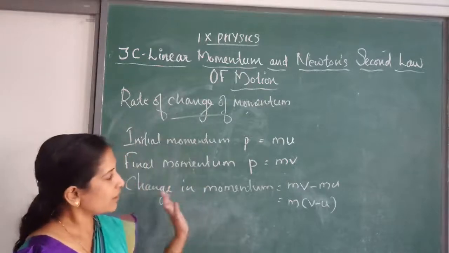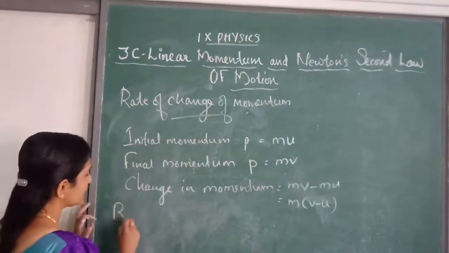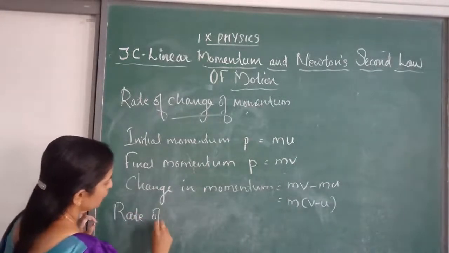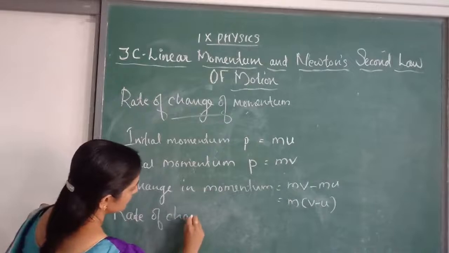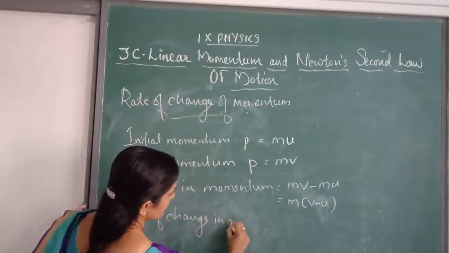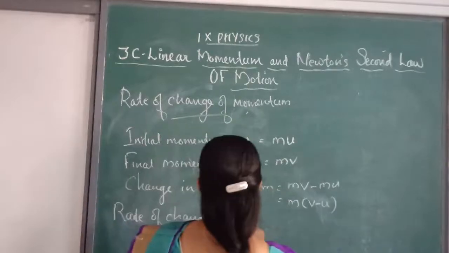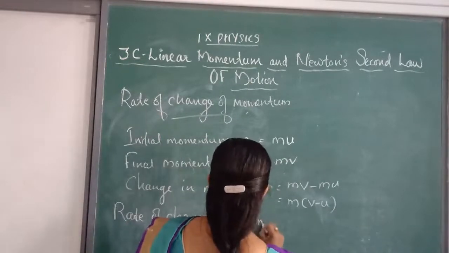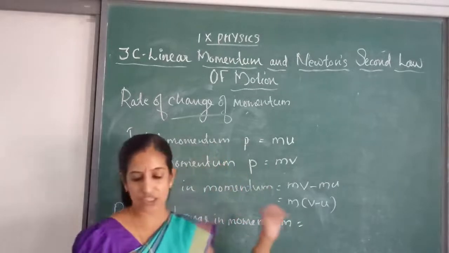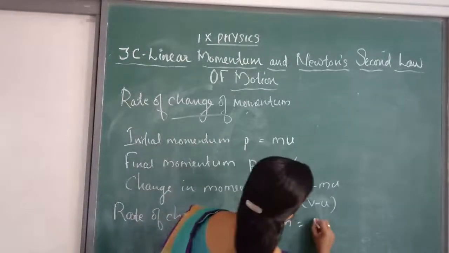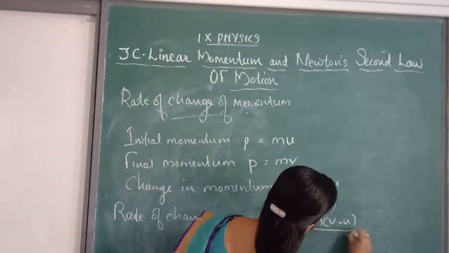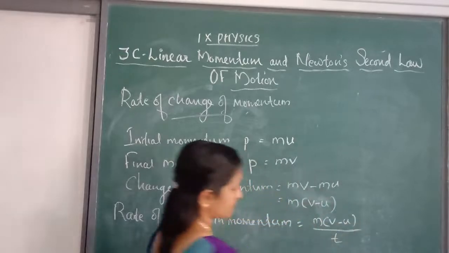And if we are writing the rate of change in momentum, how will we write it? According to time the momentum is changing, so the rate we will write like this.